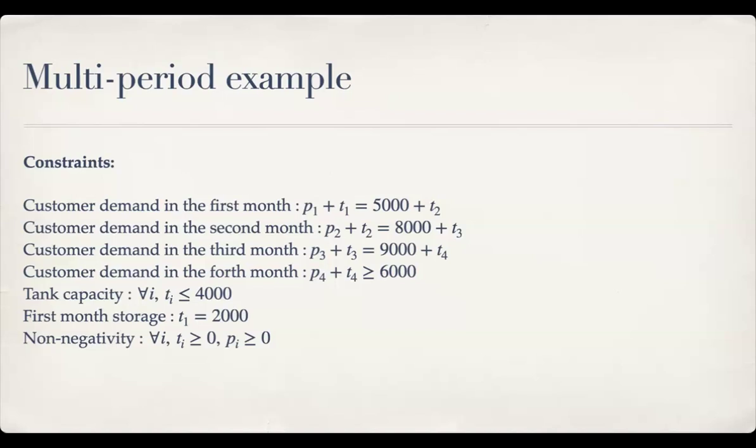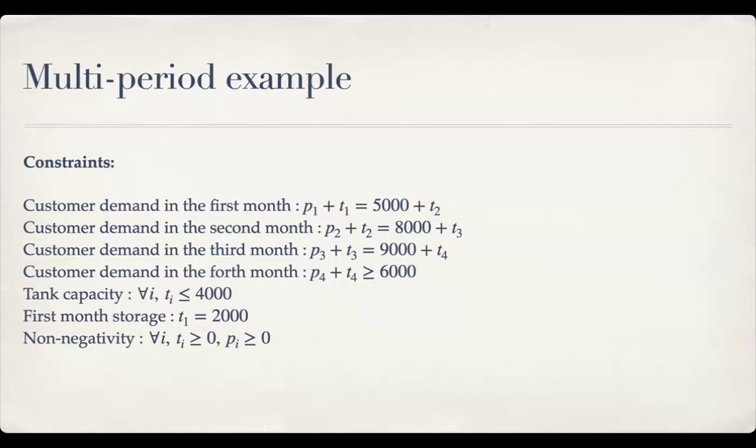And at the beginning of the first month, the company has 2,000 liters in the storage tank, so T1 must be 2,000.